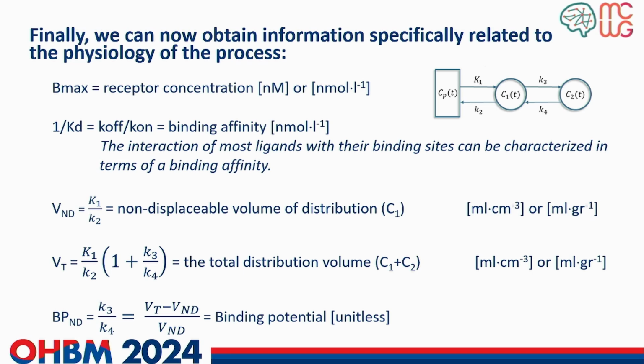And are you sure that you are not mixing, for instance, Bmax from one tracer with a BP from another, or VT from, for instance, DOPA, with VND from another tracer? Does the pool of PET maps that I have tell us exactly the same information or not, and which information do I have?